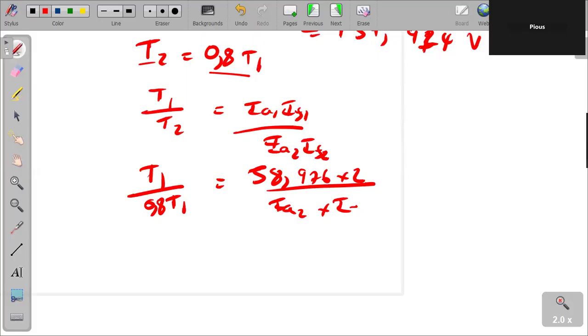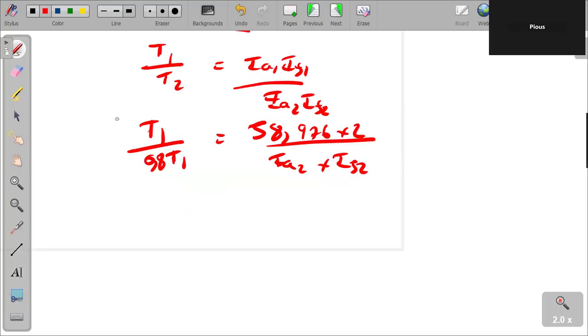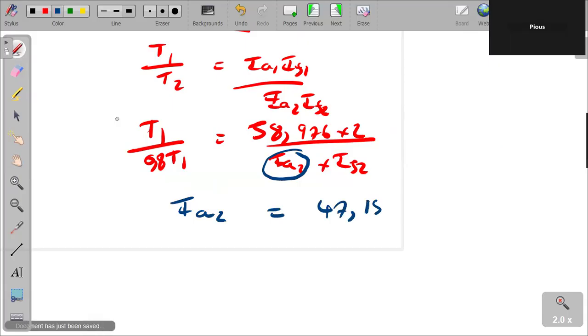What is our IA2? The armature current at the new speed that has arisen after the insertion of the additional resistor. It means cross multiplication and making it a subject, and we end up having 47.181 amperes, right? That marks our IA2 there.